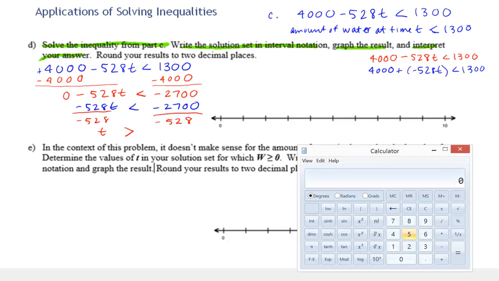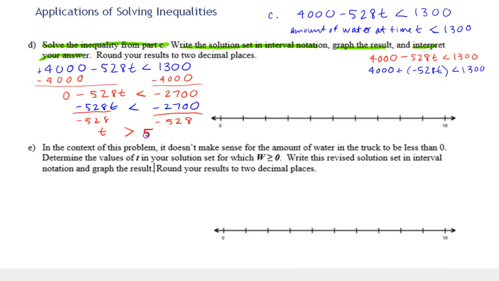A negative divided by a negative is positive, so I'm going to omit the signs just because in this calculator they're kind of a pain, but you could include them and you'll get a positive result. Rounding this to 2 decimal places, I have 5.11. So t is greater than 5.11. That's the solution set for our inequality.